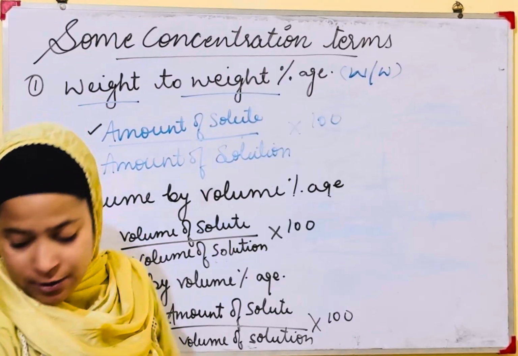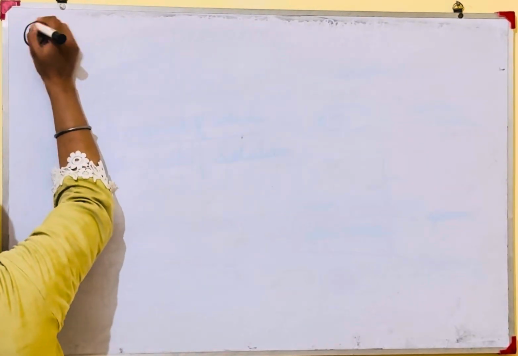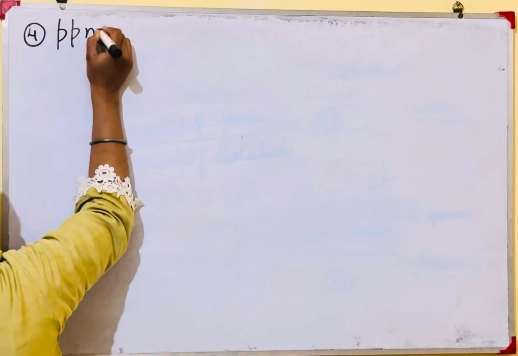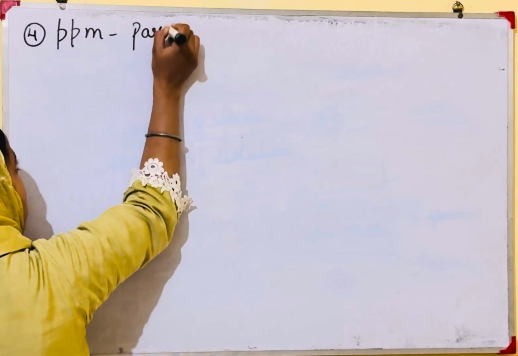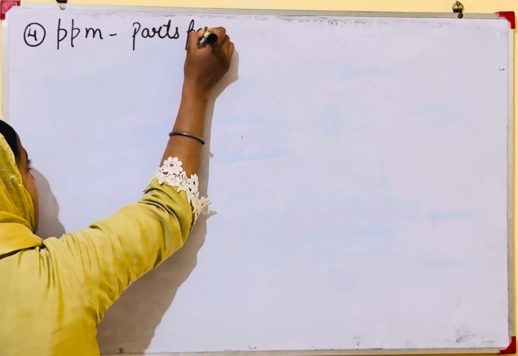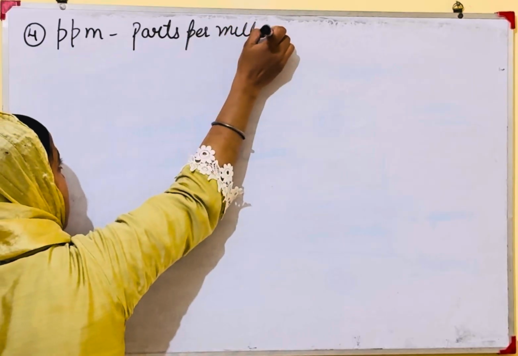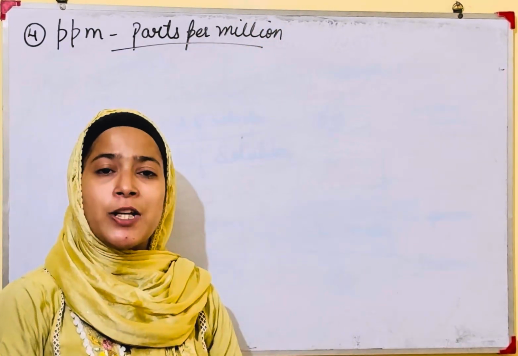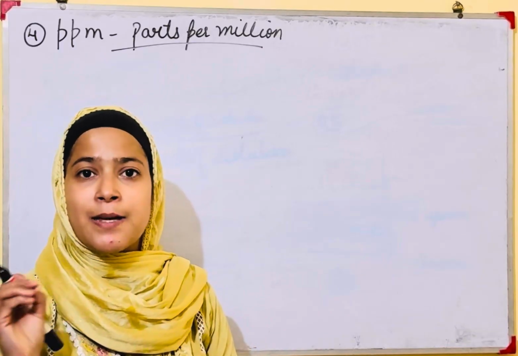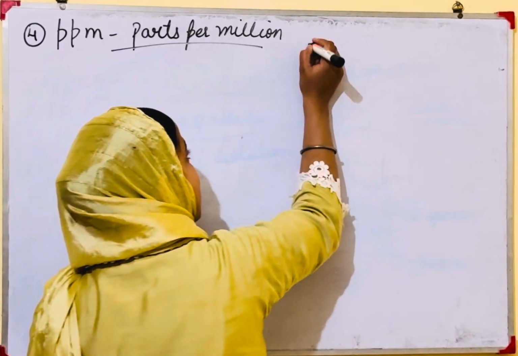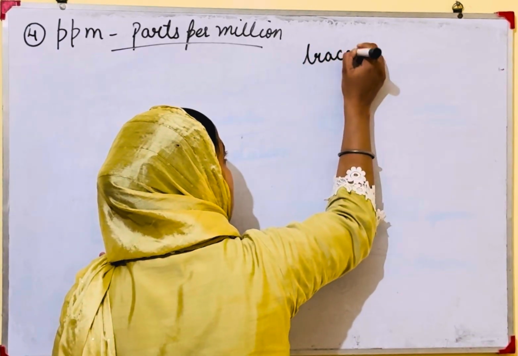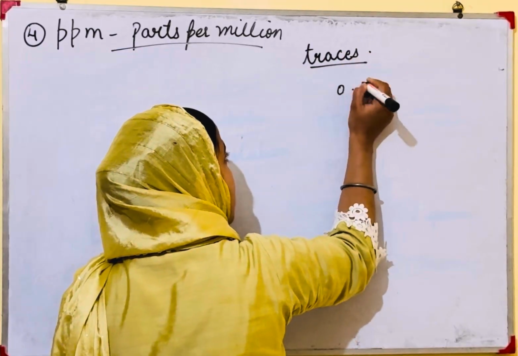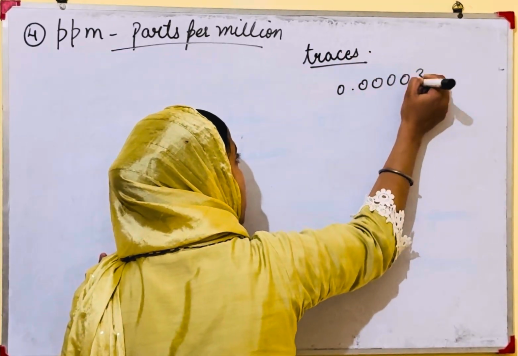Let's proceed further. Next is ppm. ppm is parts per million. This will be applicable when the amount of solute is present very less amount. Means it is present in traces. Means the amount of solute will be 0.0003 gram.